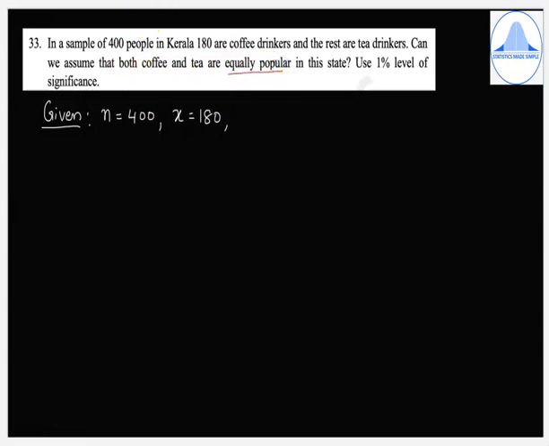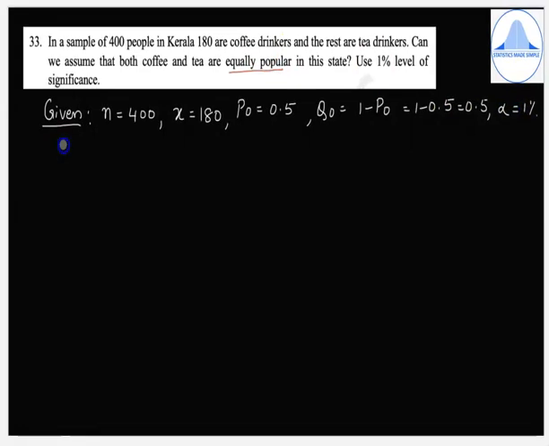That is, the proportion of coffee drinkers is 0.5, and Q naught, which is 1 minus P naught, will be the proportion of tea drinkers. That also will be 0.5. So how do you find out Q naught? It is 1 minus P naught, which is 1 minus 0.5 is equal to 0.5. And they have said that we have to use alpha as 1%.